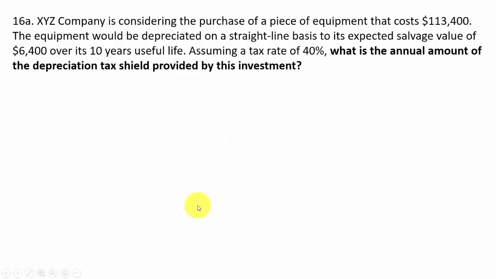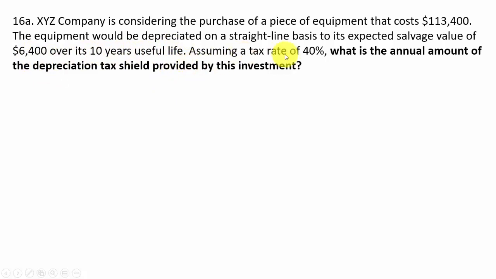This is our last question on the review. XYZ Company is considering the purchase of a piece of equipment that cost $113,400. The equipment would be depreciated on a straight line basis to its expected salvage value of $6,400 over its 10-year useful life.